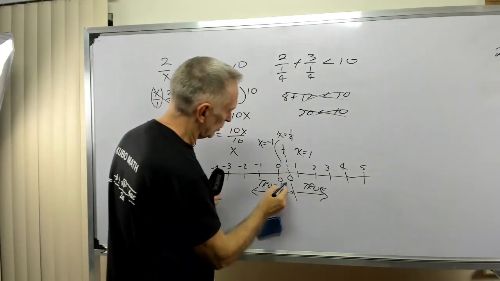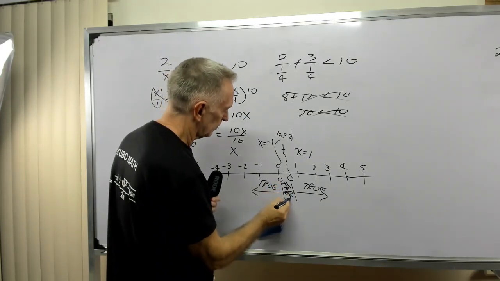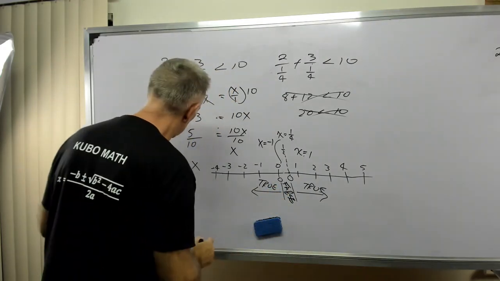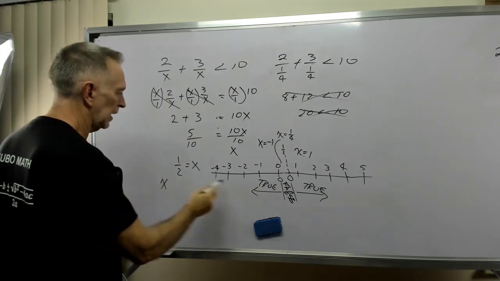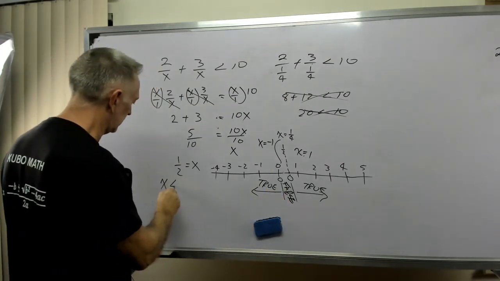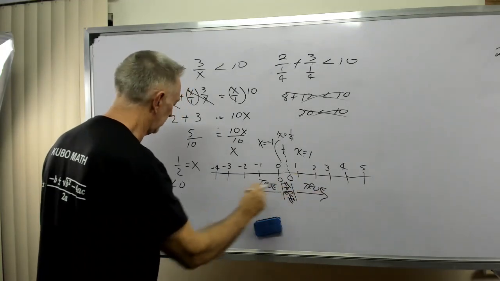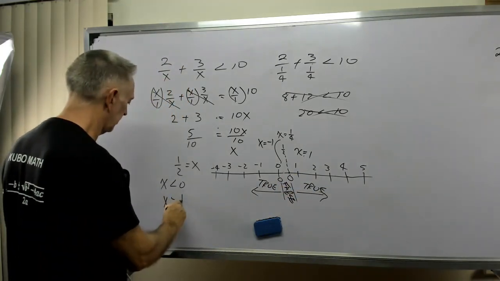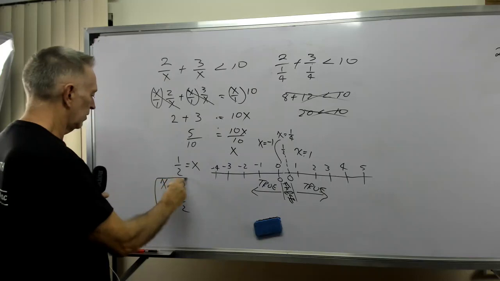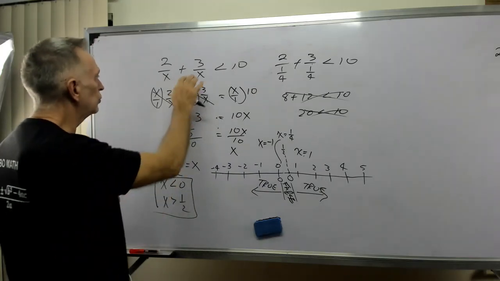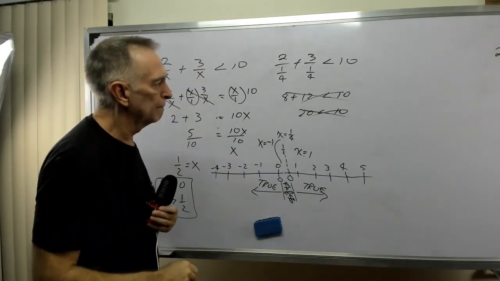So it's false in here. So in this case, x can be less than 0, or x can be greater than 1/2. Those would be solutions for that inequality.